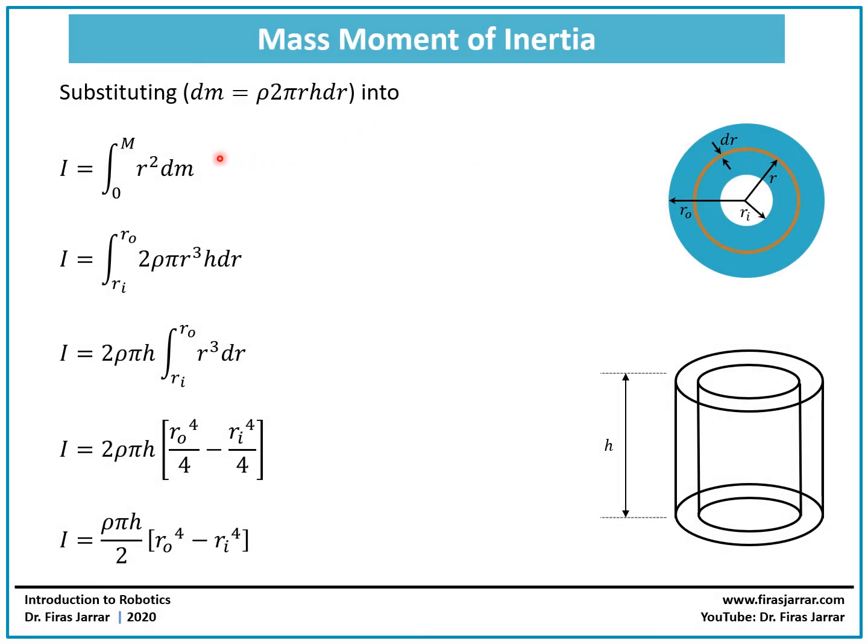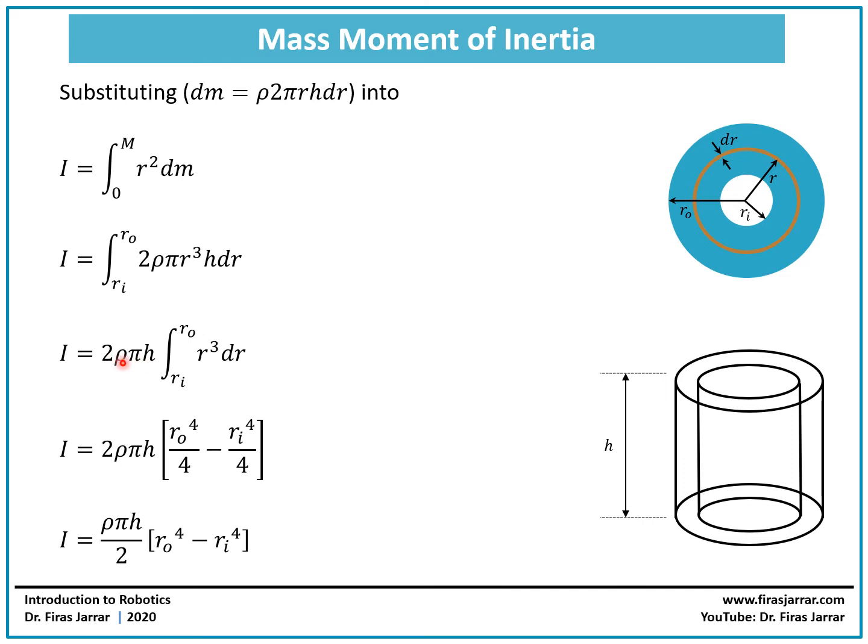Now substituting this into the definite integration, we have dm here. Because we already have r squared, and we have an r here, we'll have r cubed, and then 2 rho pi and h.